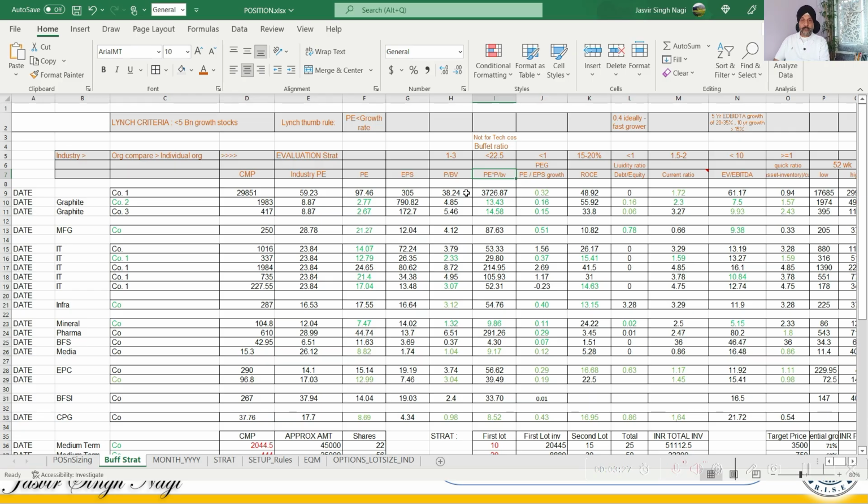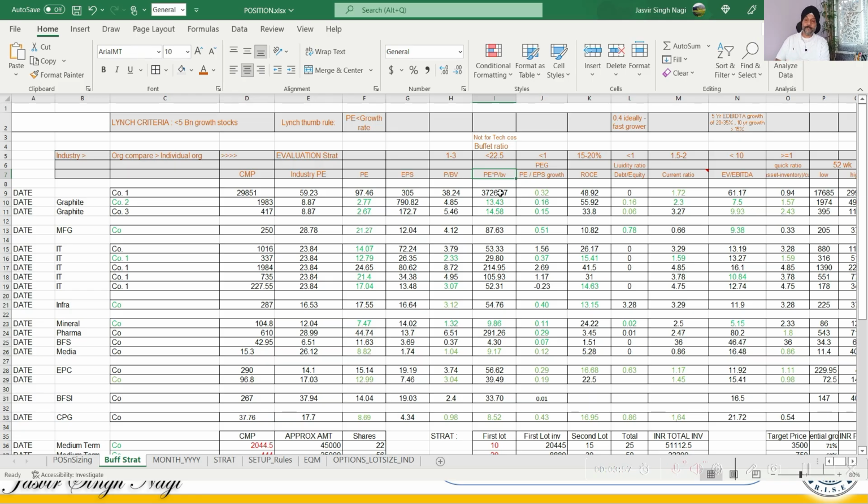This is the criteria created for the Buffett strategy, the Buffett ratio rather. So P by BV is used against the PE in the next column. As I told you, this doesn't work for technology companies, but more so it should be less than 22.5 for the current company. And this, as I told you, is not readily available.